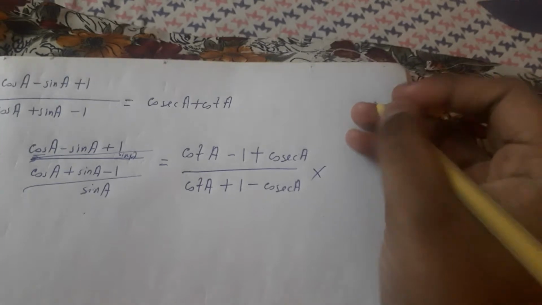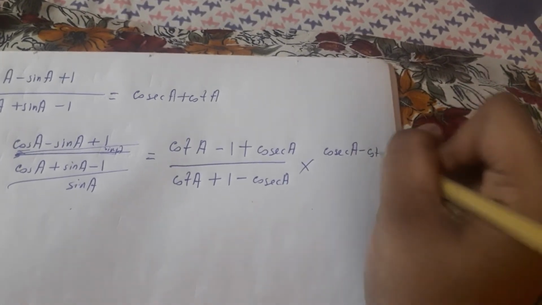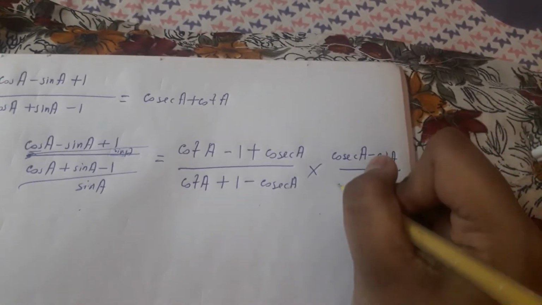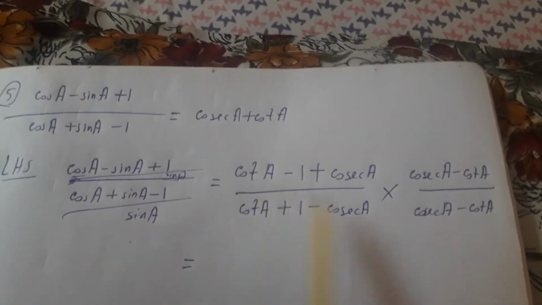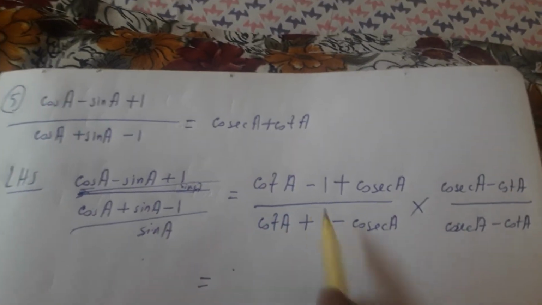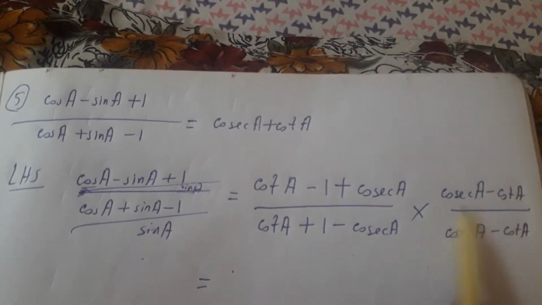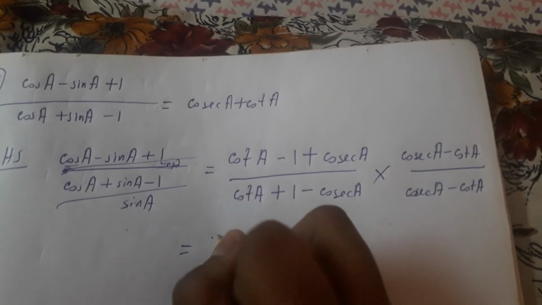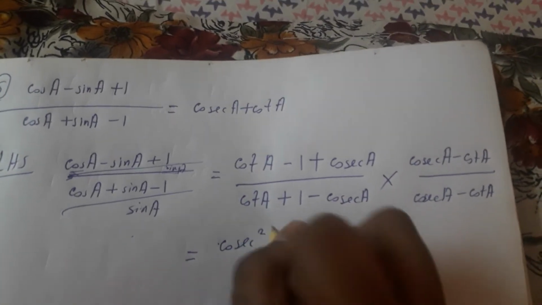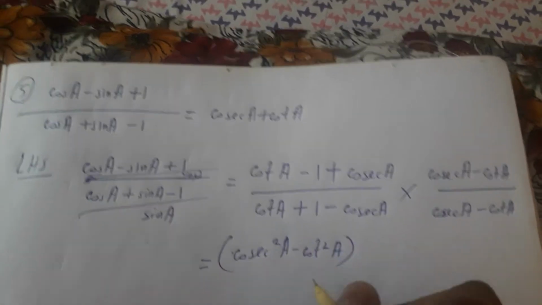Now see here, cot A plus cosec A is given. So we have to multiply cosec A minus cot A on both numerator and denominator. Now see here, cot A plus cosec A minus cot A plus b into A minus b. So here you see the a square minus b square format came.